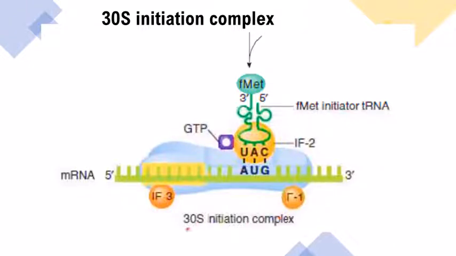So this 30S initiation complex has initiation factor number 1 which is blocking the amino acid site, initiation factor number 3 which is preventing the attachment of the larger subunit to this smaller subunit, and initiation factor number 2 which has carried out the loading of the initiator tRNA at the P site of the ribosome. It has brought the formylmethionine to the site of the 30S initiation complex. So this is the 30S initiation complex.